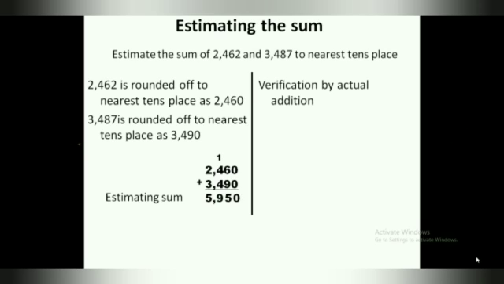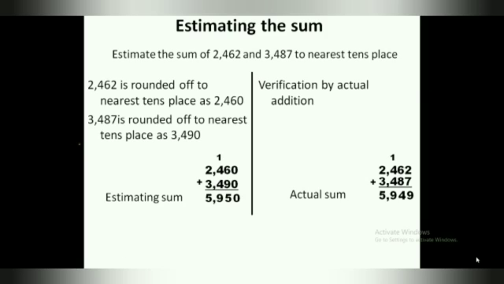And the real sum is the actual number, that is 2462 plus 3487. Now if you add these two, 2 plus 7 is 9, 6 plus 8 is 14. You will carry 1 to the hundreds place, 4 you will write in the tens place. 1 plus 4 is 5, 5 plus 4 is 9, and 2 plus 3 is 5.